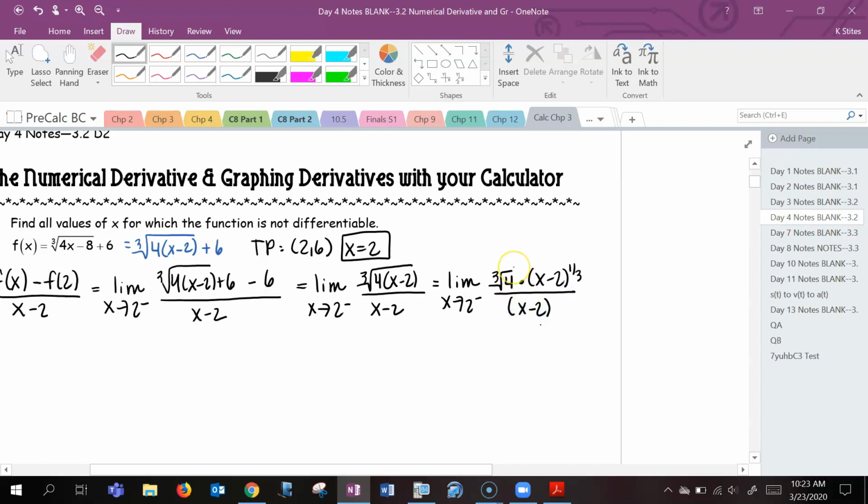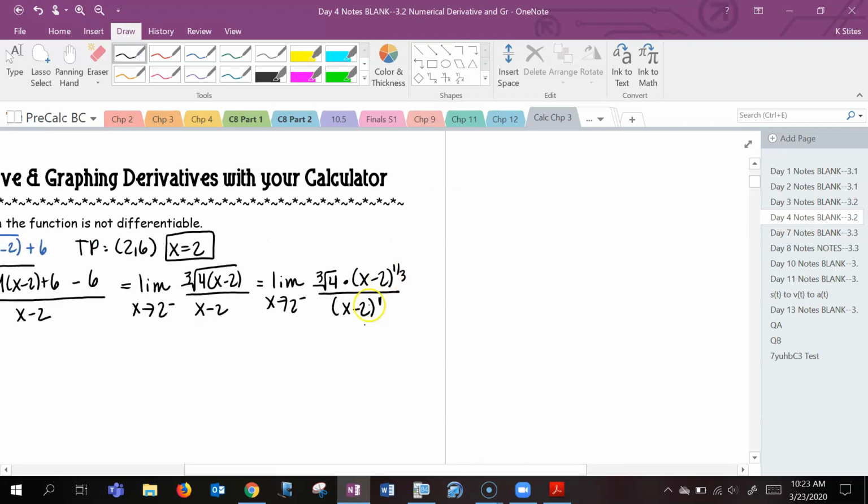You could write it as 4 to the 1/3 power as well, but the key thing here is I want you to notice you have an x minus 2 on the top and the bottom, and so I can use laws of exponents here and subtract. That's why I'm doing this. So I have 1 minus 1/3, which is x minus 2 to the 2/3 power.